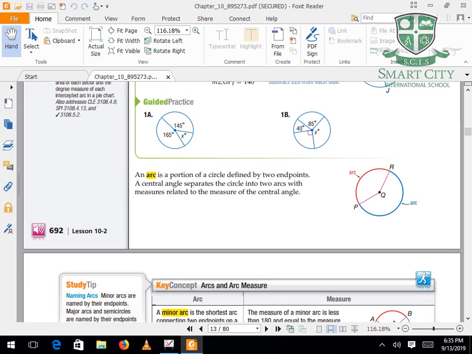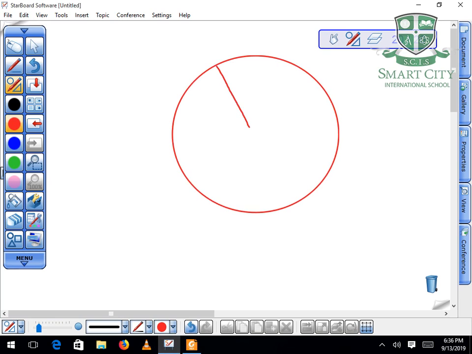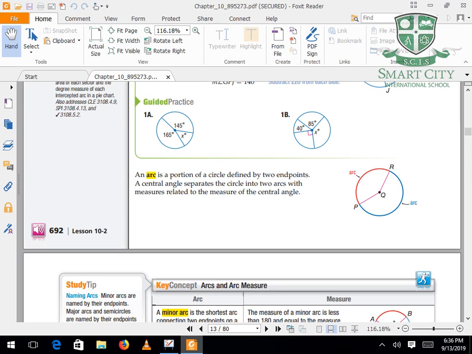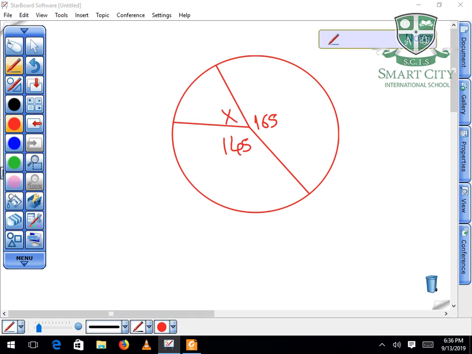Example 1A. The angles are 145 and 165, and this one is X. Find X. So the measure of angle X equals 360 minus the sum of 145 plus 165, which is 310.